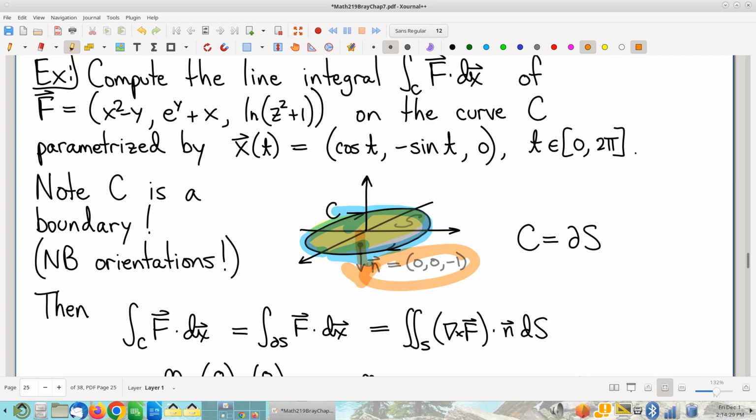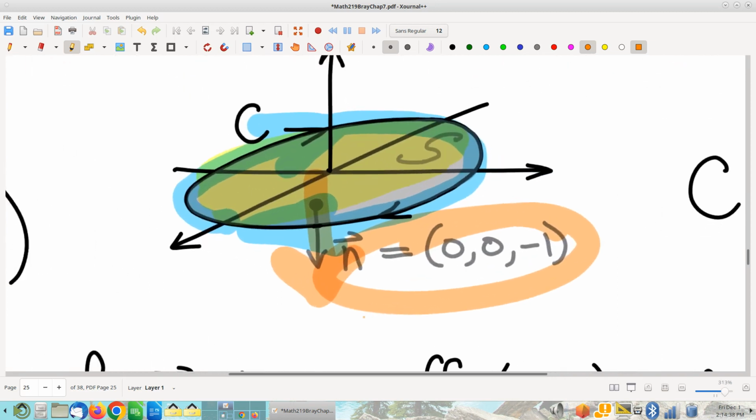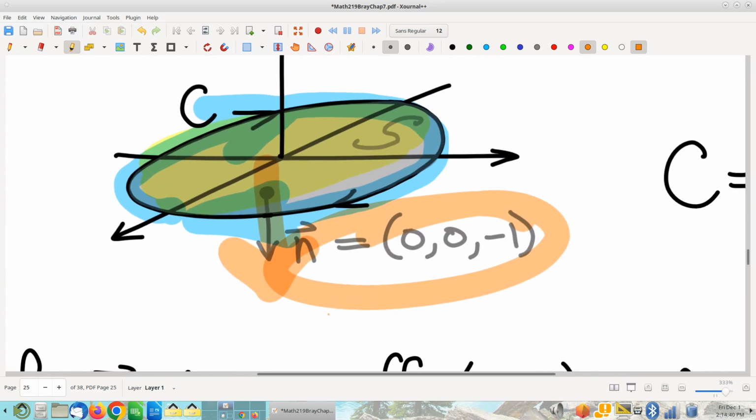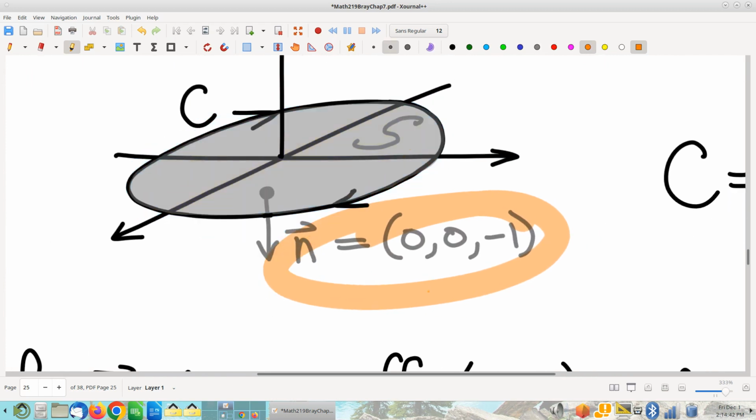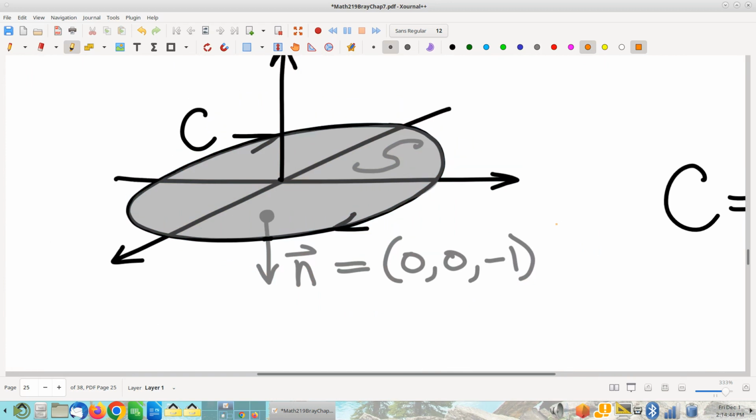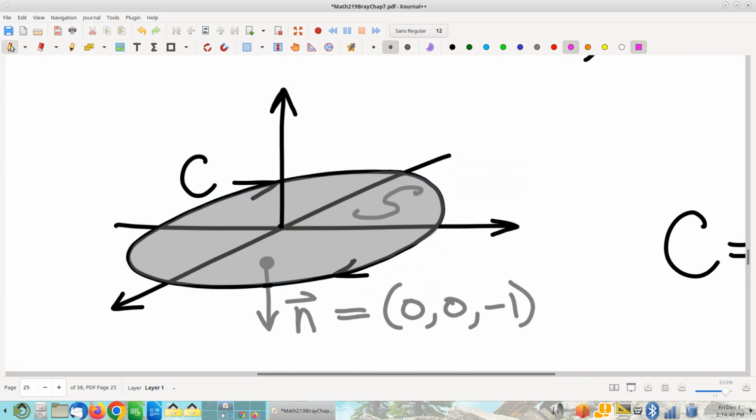How did you know that n would go downward? Because I had to think through the two different possibilities. Let me do it the wrong way, just so you can see what fails.